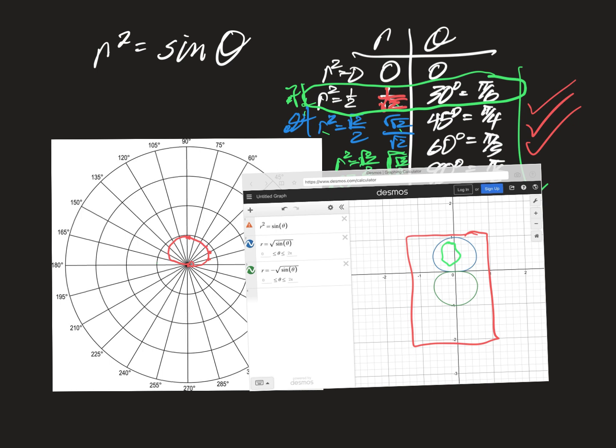So let me see. What would be the other thing? There's one more thing I want to talk to you about this particular section. So for this section, the other thing that typically happens in the old days, because I didn't have Desmos or a graphing calculator that would do these easily, we would actually start to learn the shapes.